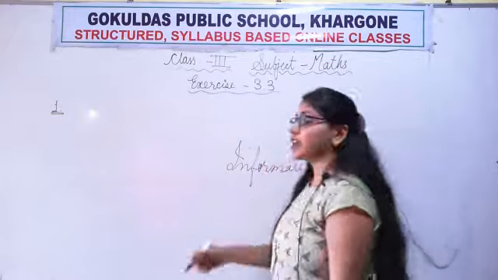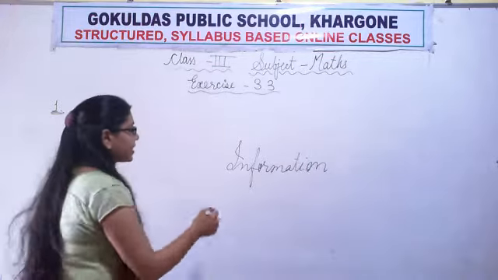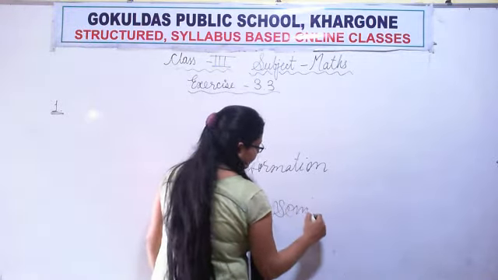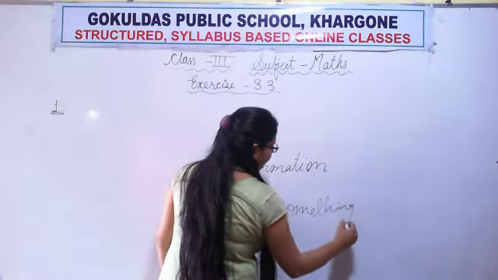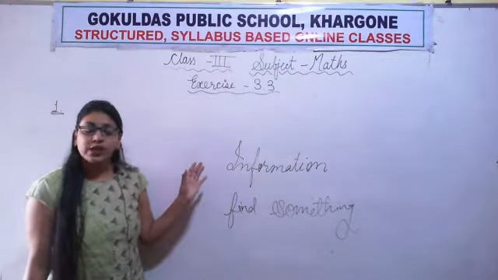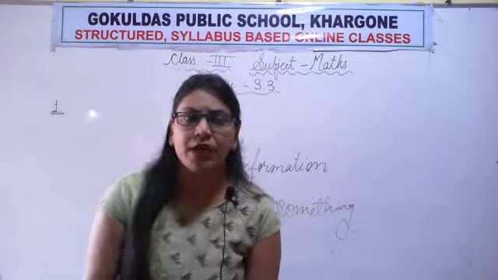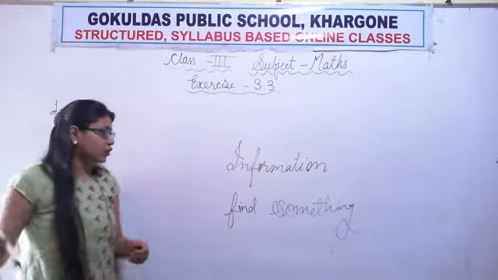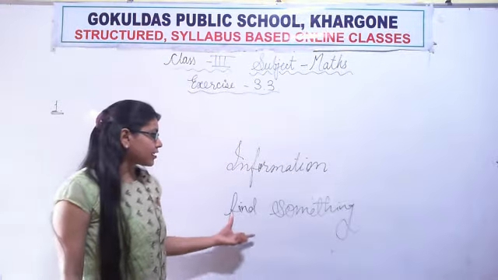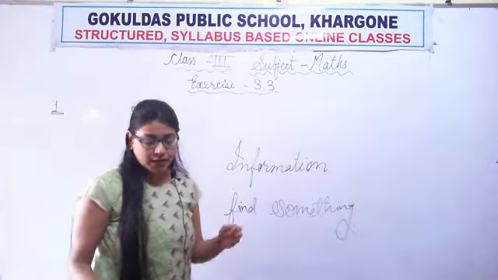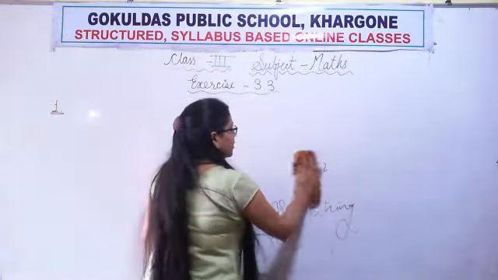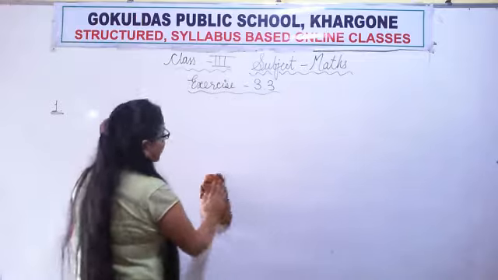This happened in addition stories too, so the same will happen in subtraction stories. Some information will be given by the question and then they ask us to find something on the basis of the given information. So let's start exercise 3.3.